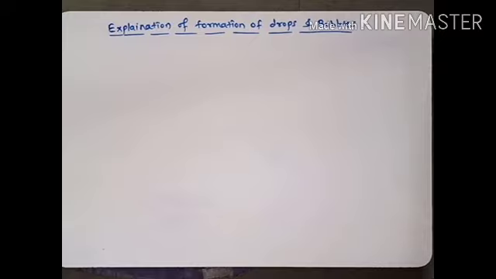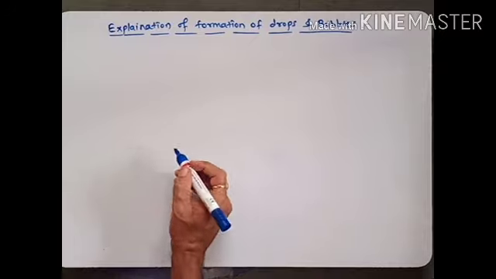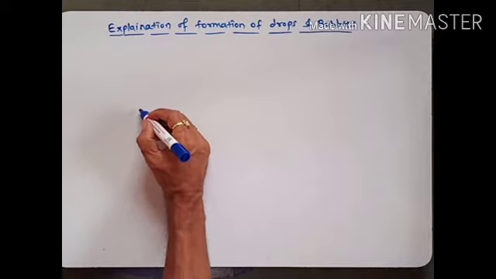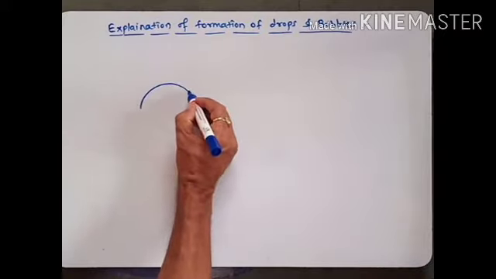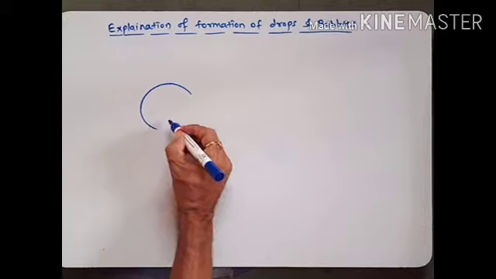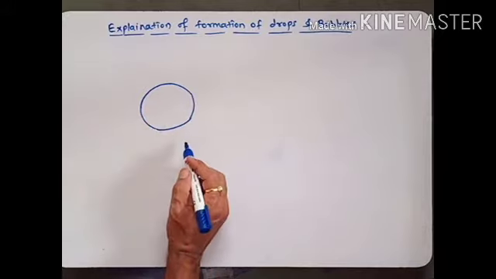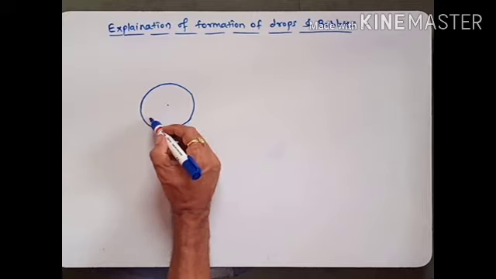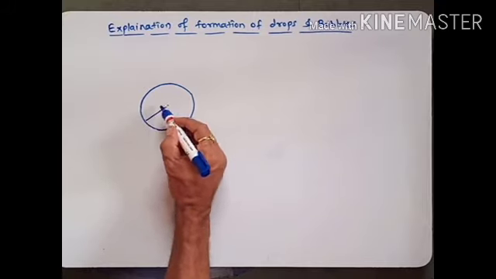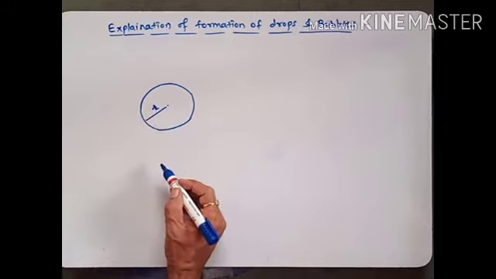Now suppose this is the drop, which is spherical in shape, whose radius is r.